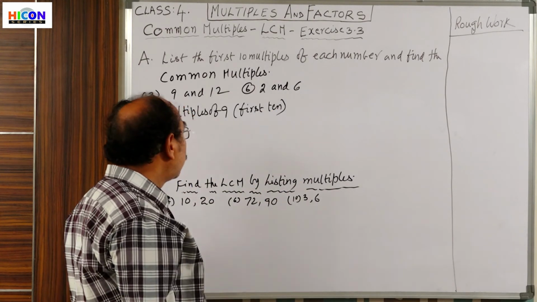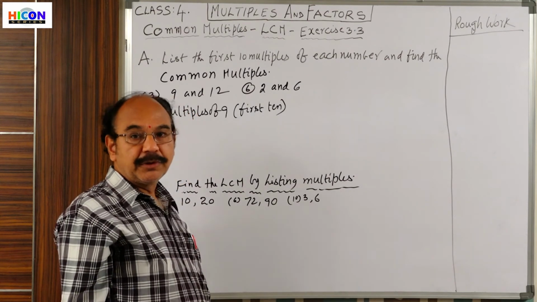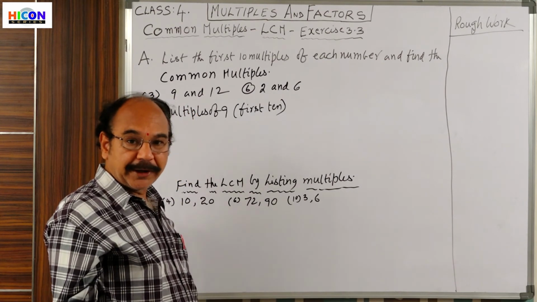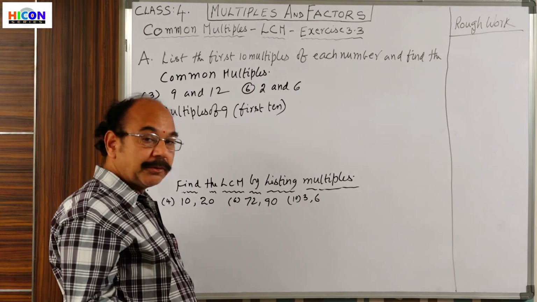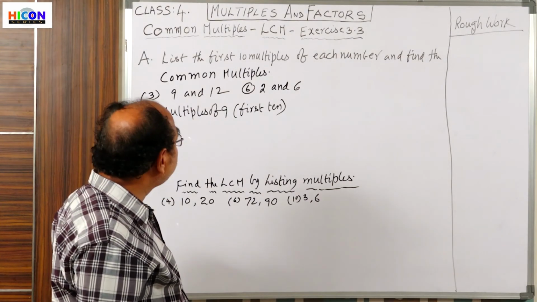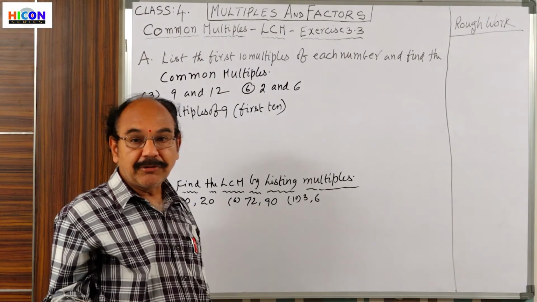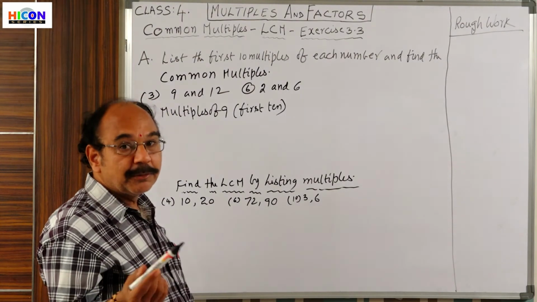So, how do you write the first 10 multiples of 9? Read the 9 table and write. When you are reading the 9 table, you are getting numbers. These are called the multiples of 9. If you read the 12 table, you get 12 multiples. If you read the 9 table, you get 9 multiples.